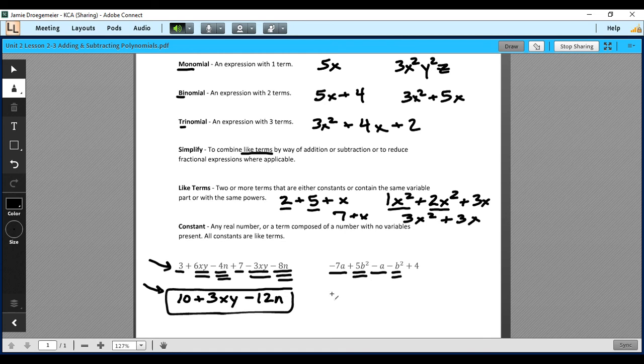So negative 7 plus negative 1 is negative 8, so that's negative 8a. My b squared terms: positive 5b squared plus negative 1b squared, so positive 5 plus negative 1 is positive 4b squared. Then I just have that constant left, and this would be my simplified form. Again, I started with a polynomial with 5 terms, and now I have a trinomial with 3 terms.